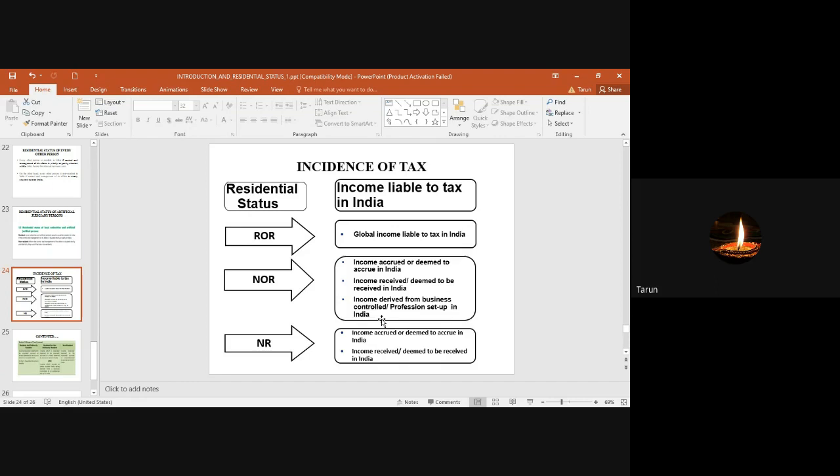When it comes to the non-resident, first is income accrued or deemed to accrue in India. Second is income received or deemed to be received in India. That means the income which has been earned, and which is to be earned in the upcoming or relevant years, is taxable. Any income being received or deemed to be received in India is also taxable in India.